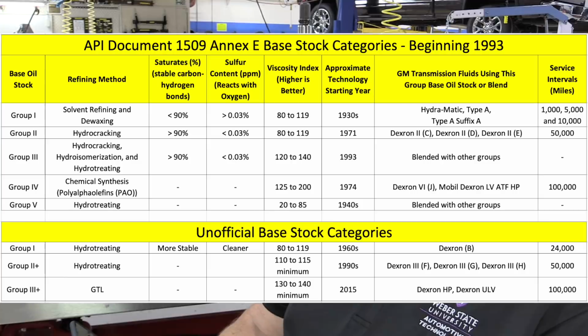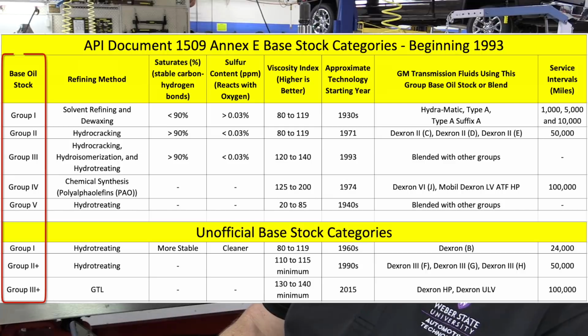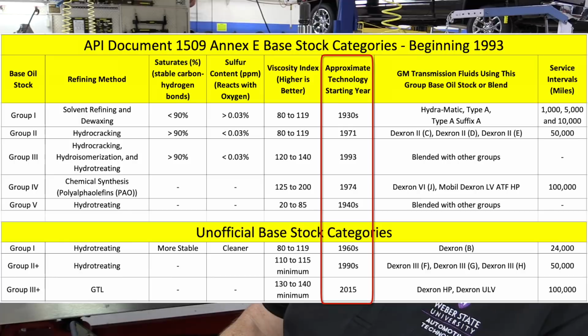Okay, looking at that table in the far left-hand column, base stock oils, there's group 1, 2, 3, 4, and 5. And if you go over to the 6th column, it is the approximate technology starting year. In other words, when was the technology available to make that specific group of base oil?